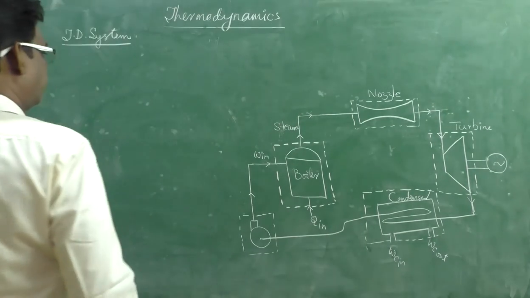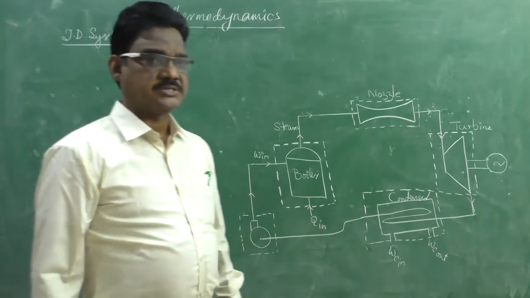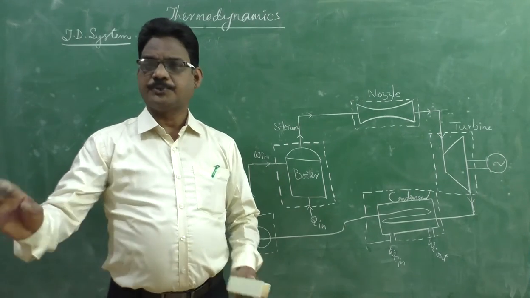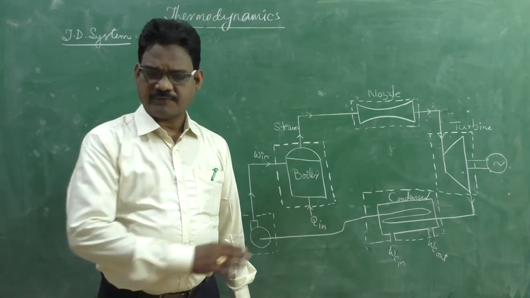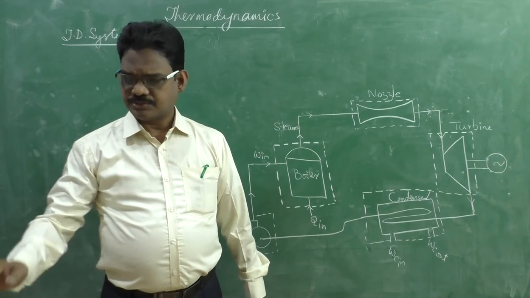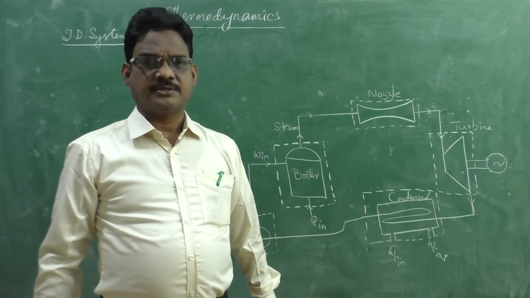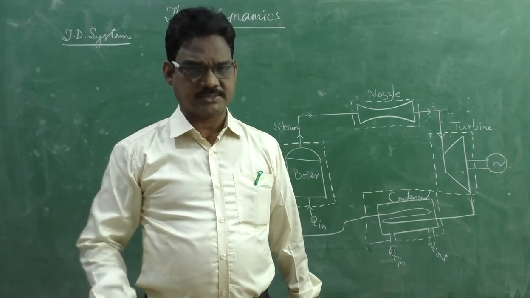Now, for this thermodynamic system, we will consider one example. Suppose you go to a computer lab. Inside the computer lab, different systems are placed, and students sit in front of the systems, and the computer lab is totally covered with walls.